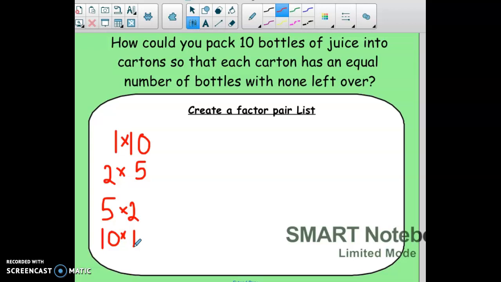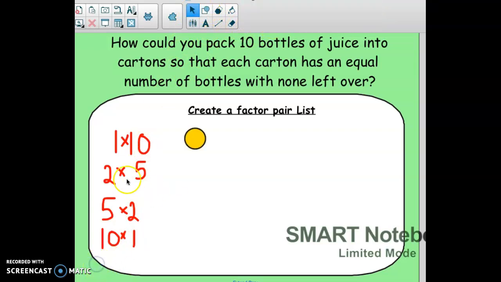Pick one of the factor pairs that we've jotted down and draw a model of one of the factor pairs to represent the problem. Again, this could use circles, pictures, counters, some way to visually represent one of the number models. I'm going to start with 2 times 5.